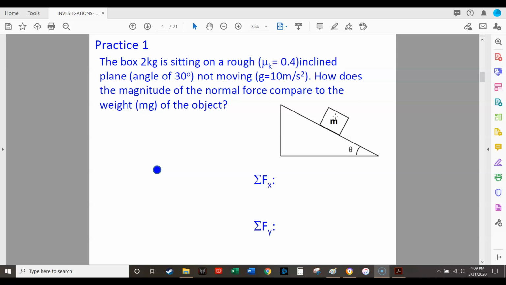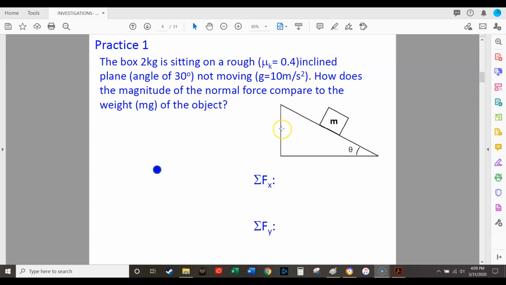So let's go ahead and do this problem, and we're going to go through the steps. And it's very important to start off by drawing our coordinate system. So I'm going to go ahead and just draw a coordinate system really quickly on this actual problem.